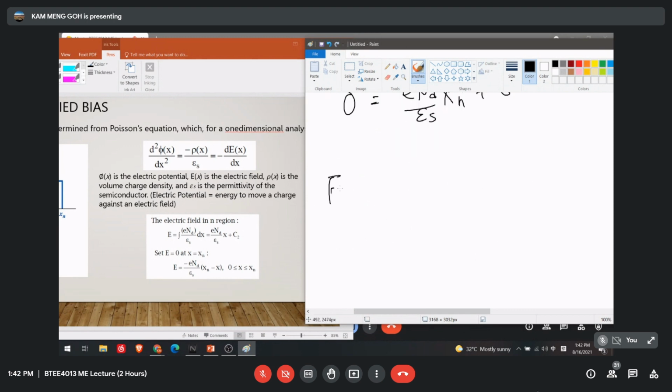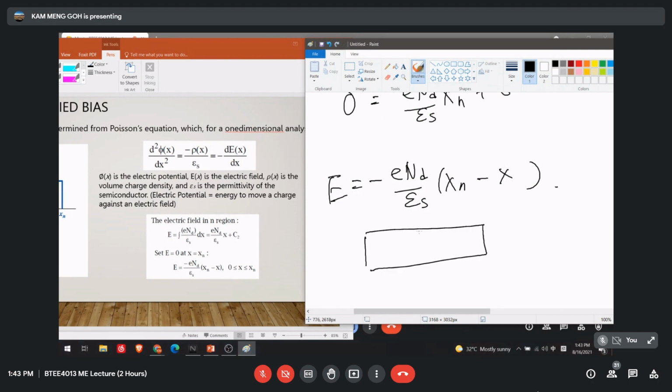So, first part, you get this: Sn minus s. So this thing is the electric field between 0 and Sn, which means that when your value is changing from S1, S2, S3, S4 until Sn, you just need to put the value to see what the electric field is based on this formula. This is the first part.